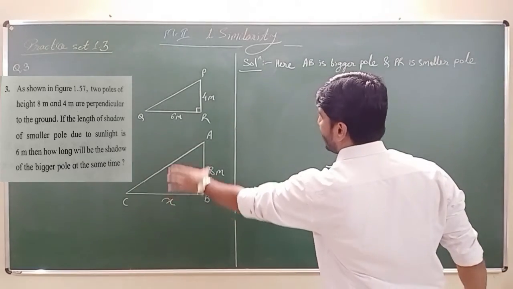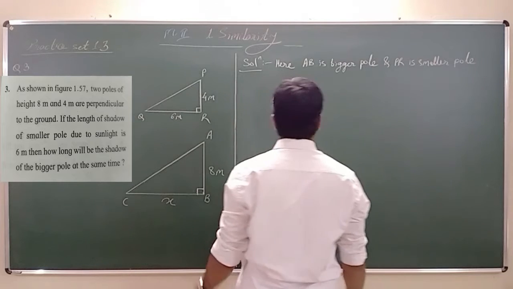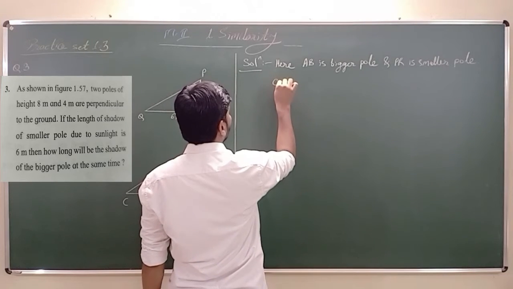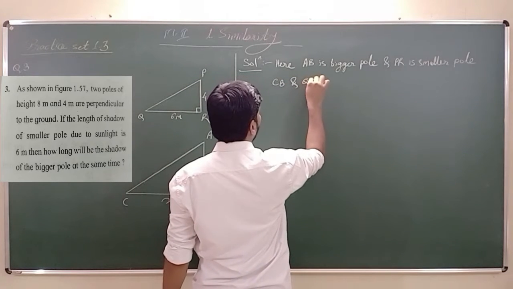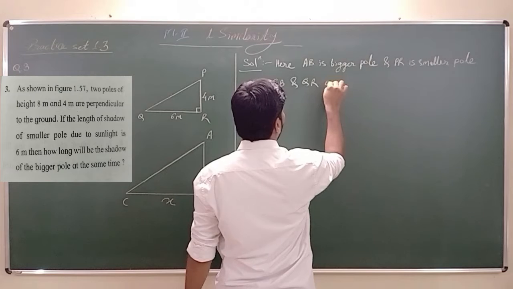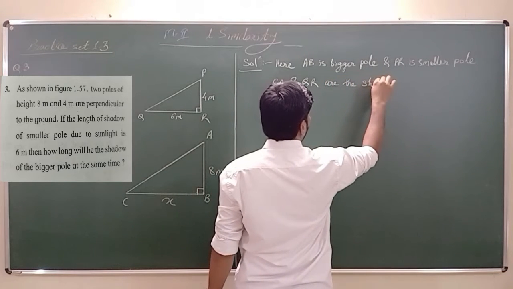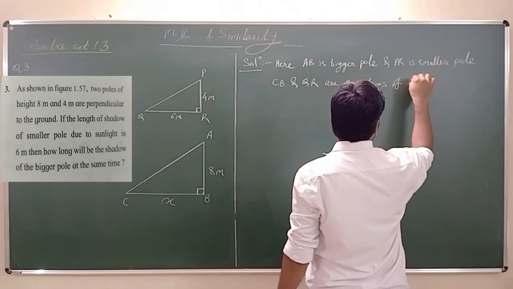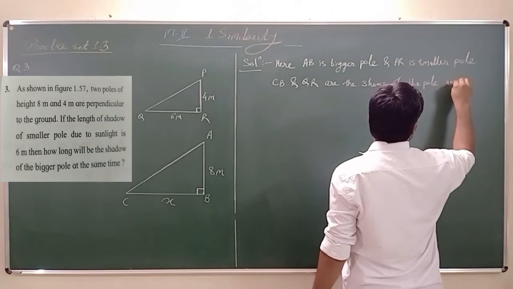And CB and QR are the shadows of these poles respectively.